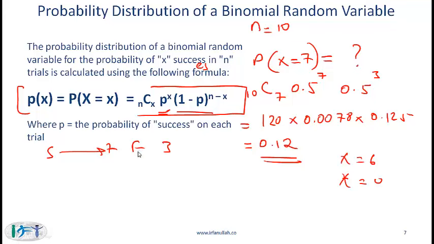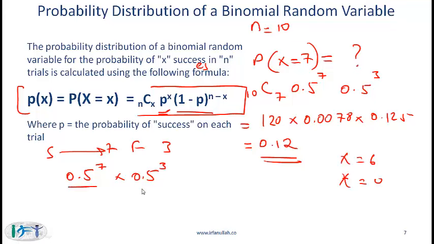If you go back to your basic probability, the probability of success 7 times would be the probability of success multiplied 7 times. So we can just write that as 0.5 to the power of 7 multiplied by the probability of failure, which is 0.5, 1 minus the probability of success, raised to the power of 3.